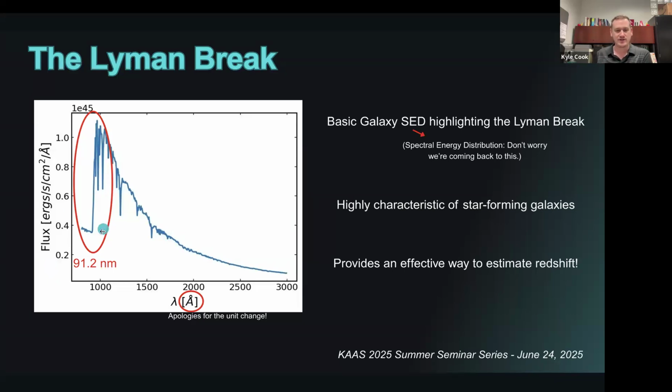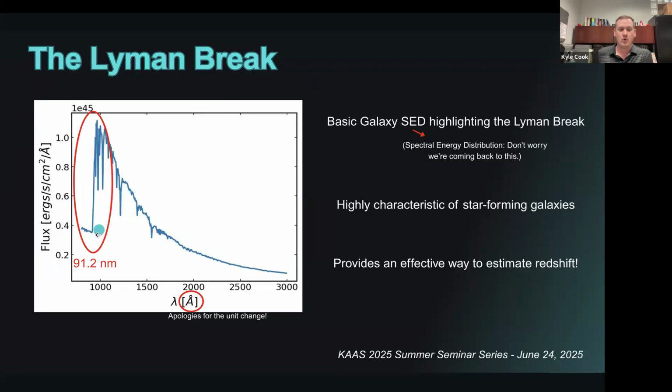So you get this break right here. And what happens here is when your atomic hydrogen gets completely ionized, so you have completely kicked the electron from the ground state out into the surrounding environment. Now you've separated those two out.